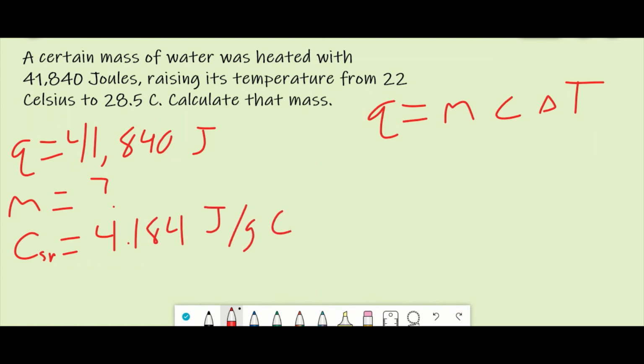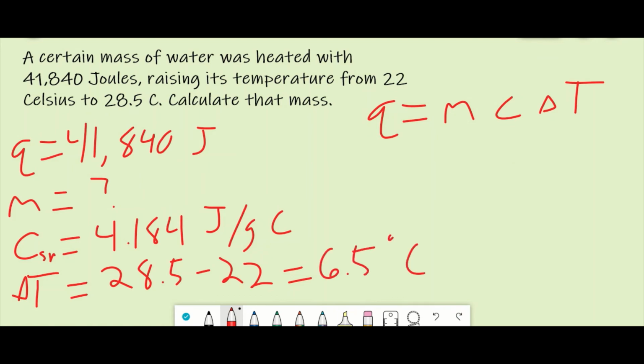And then the change in temperature, delta T, we went from 22 degrees Celsius to 28.5 degrees Celsius. To find the delta T, we take the final, 28.5, minus the initial, 22. If you do that, 28.5 minus 22 is going to be 6.5 degrees Celsius.